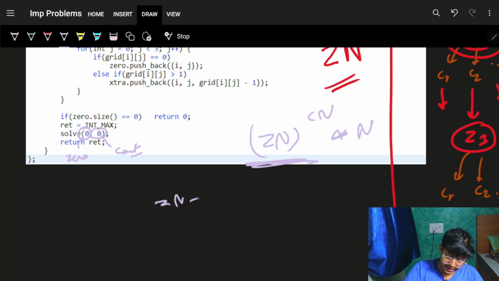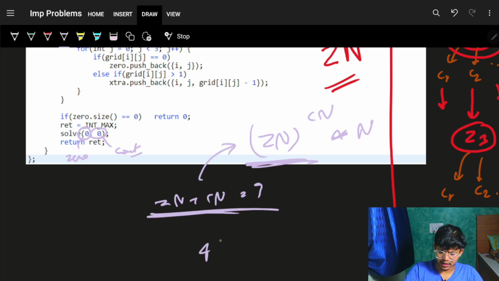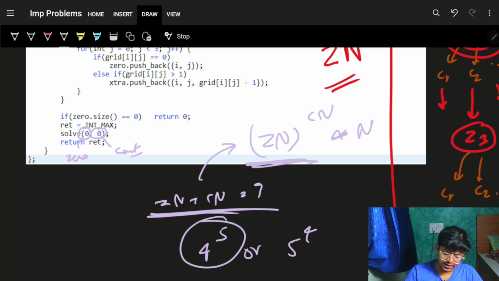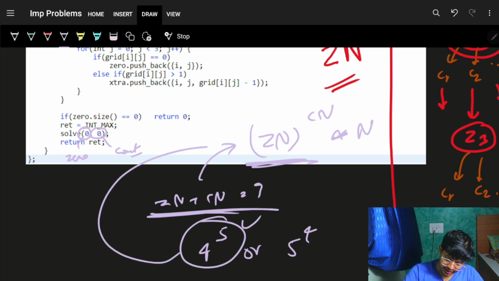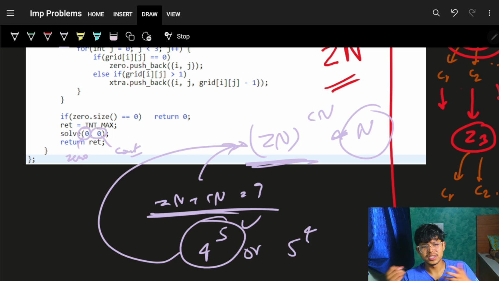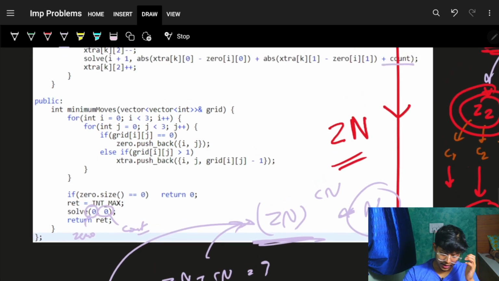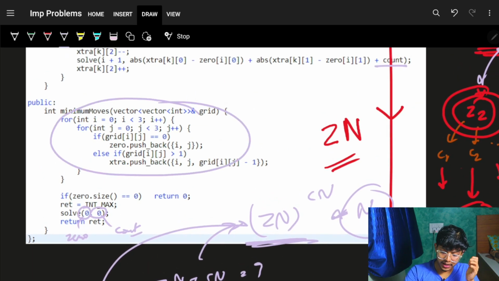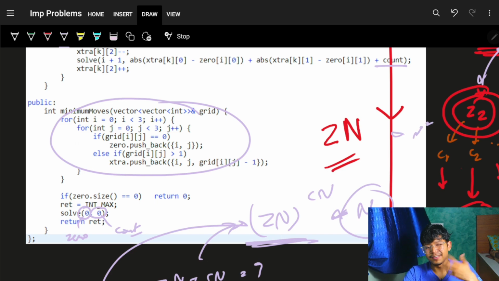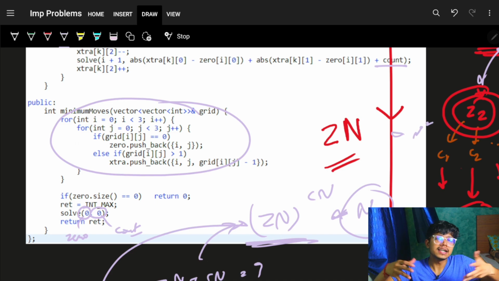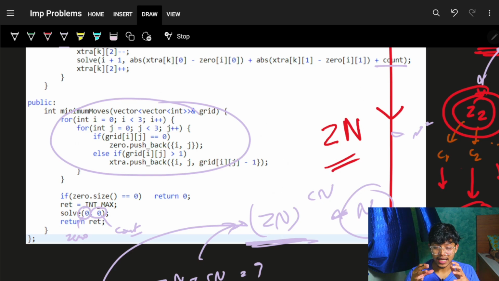As we know that Zn plus Cn is at most 9, the maximum value will be roughly 4 power 5, or it can be 5 power 4, but we see that this is the higher value. So this value will come in here. Again, you could also be using an O of n square with it. Still, it would have worked because it has a greater bandwidth to expand its complexity.